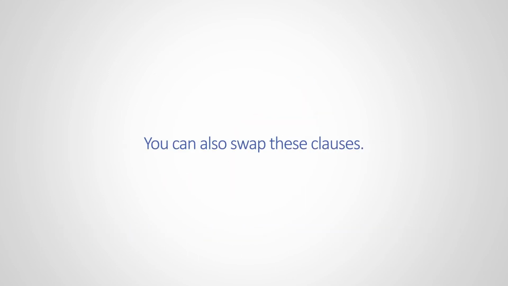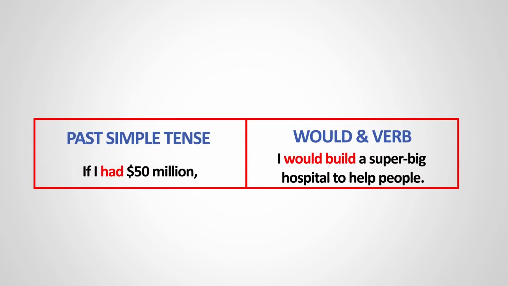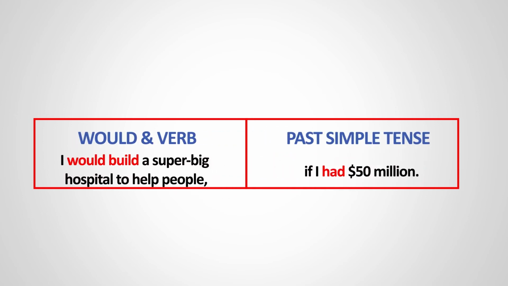You can also swap these clauses. So, you can say, if I had $50 million, I would build a super big hospital to help people. Or, I would build a super big hospital to help people if I had $50 million.